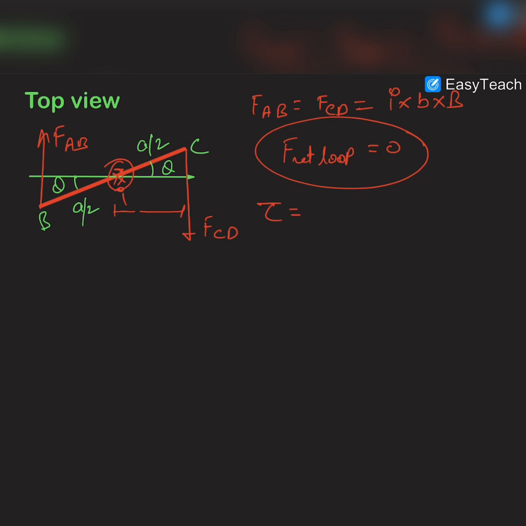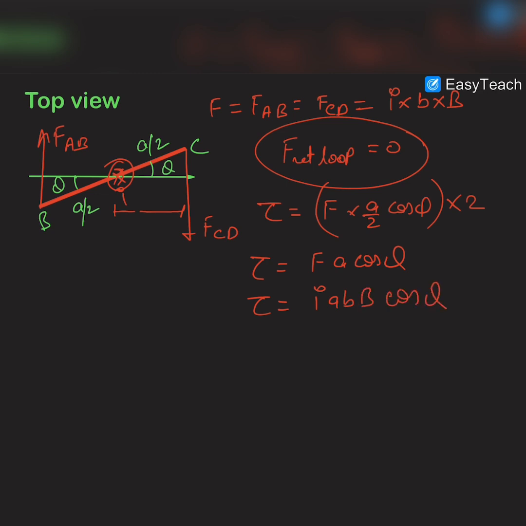If this is F, then torque will be F into a by 2 cos theta, and into 2, because there are two forces producing the torque in the same sense. So torque will be equal to F a cos theta, and F is I B b, so I a b B cos theta. This is the torque.